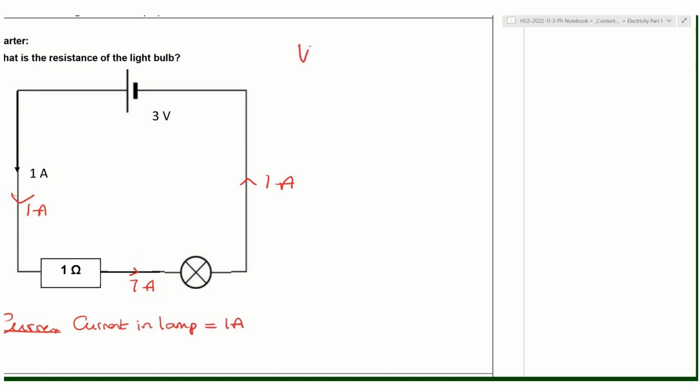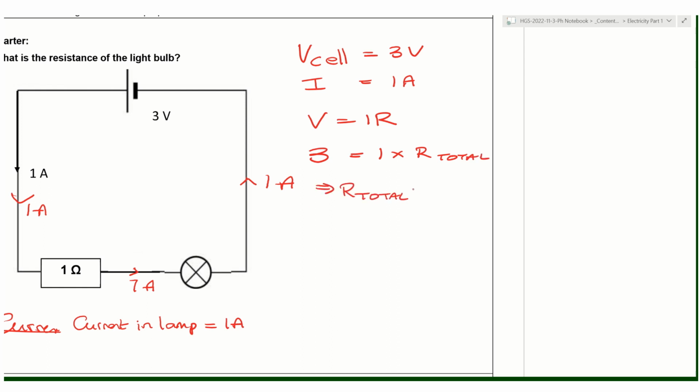We're told that the voltage of the cell, or the potential difference of the cell, is 3 volts, and the current is equal to 1 amp. And we can use that to work out our total resistance. So we know that we can use V equals I times R, which means in this case 3 is equal to 1 multiplied by the total resistance of my circuit, which tells me the total resistance of the circuit is equal to 3 ohms.